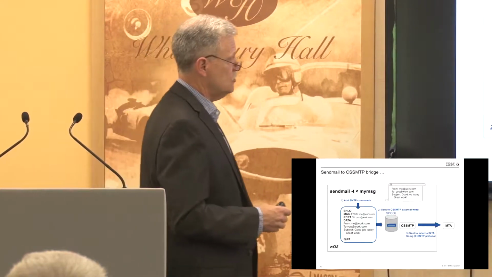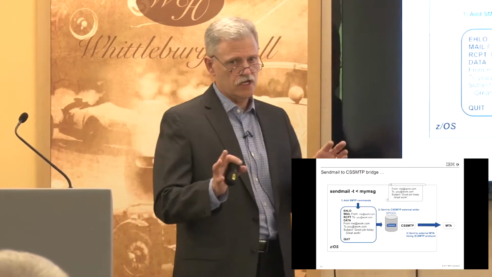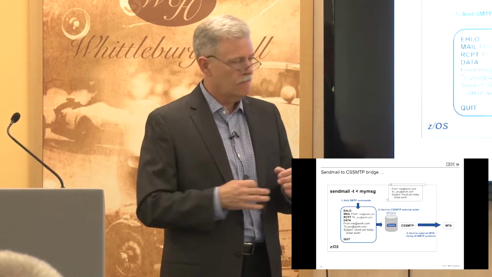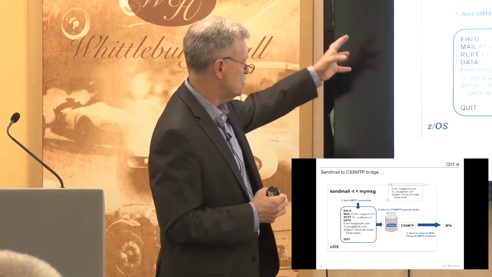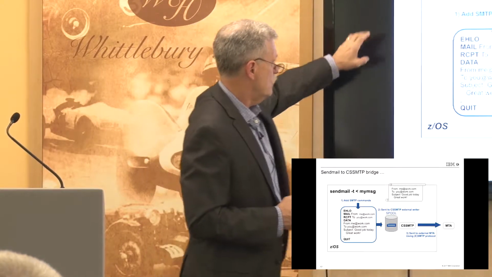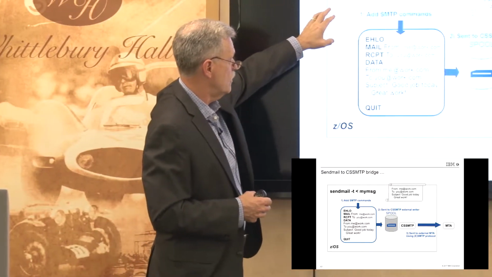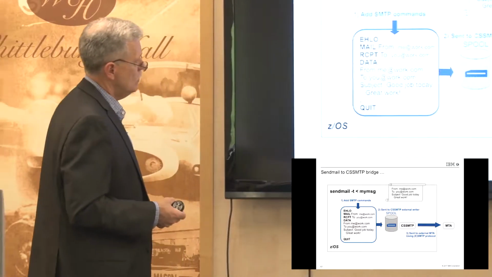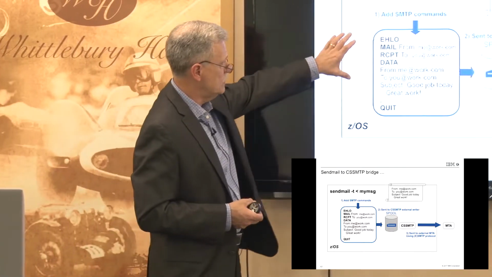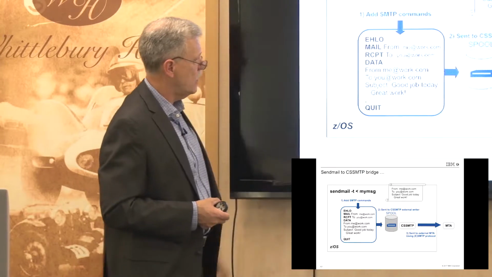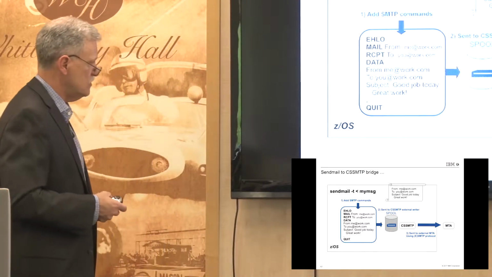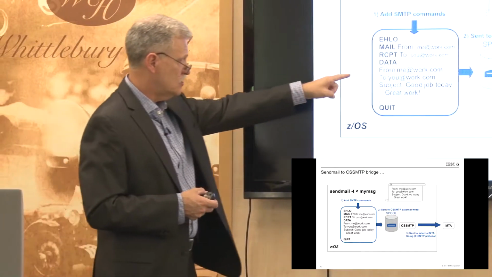This chart 17 just shows an illustration of everything I just said, and I think it's a little clearer once you see the picture. So basically you can see the 3 steps. With the SendMail command in this example, SendMail -t with my message, the first step is that it will add the SMTP commands around the message, and it will put it on the JES spool.